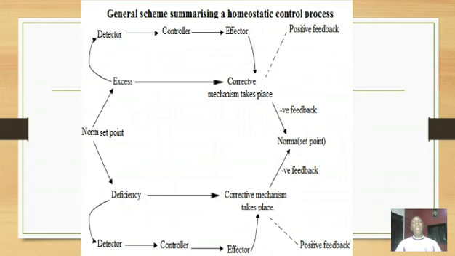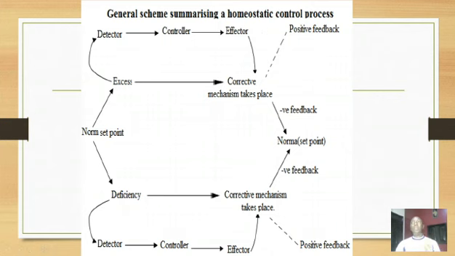Now, any deviation from the norm could be an increase. If the factor increases beyond the norm, that means it is now in excess. If the glucose levels go beyond 80 milligrams per 100 cc of blood, that means they are now in excess.